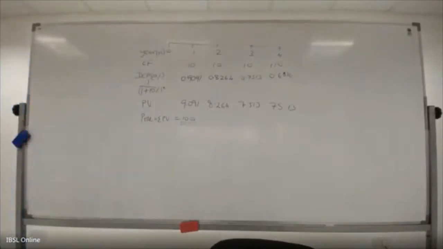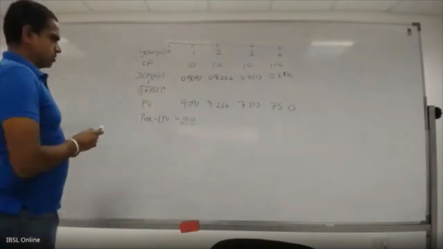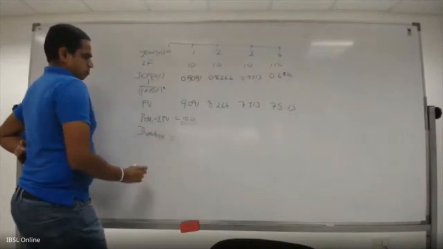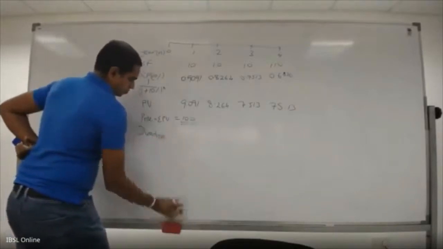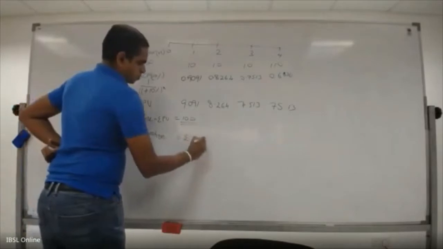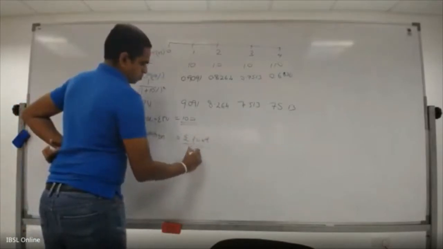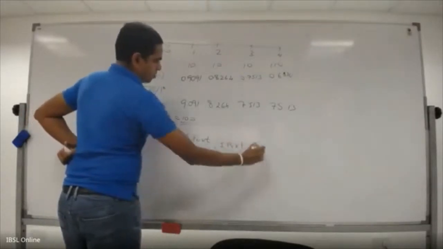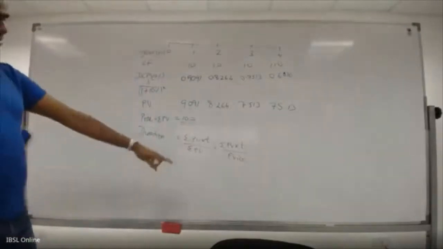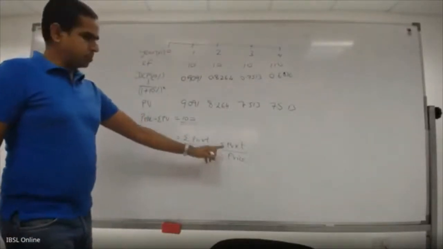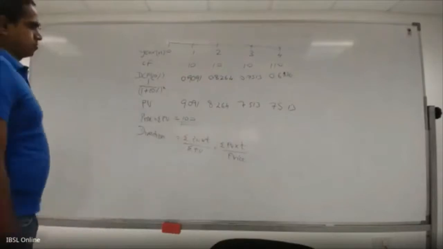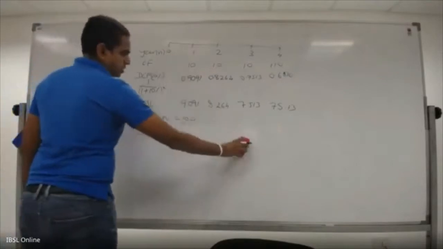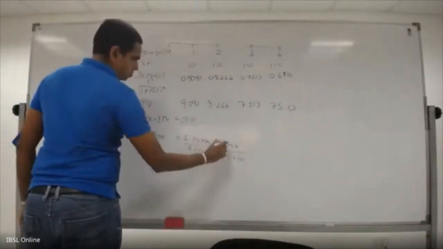Now the next thing is to calculate the duration of this bond. Divided by the price of this bond. Right? So we know the price. We now need to calculate present value into time. Time in this we have put as n. I will put it as n.